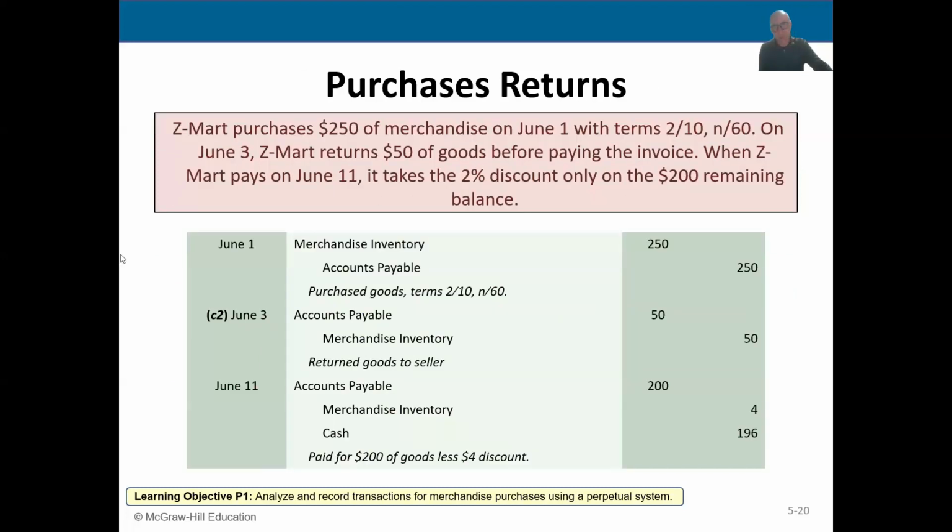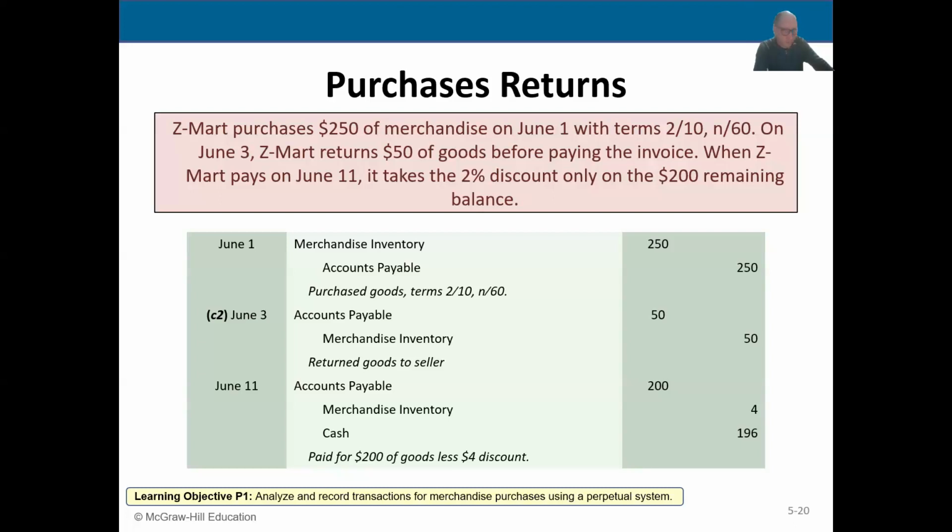Then, the next situation. I purchased some more inventory from our distributor, about $250 worth on credit terms 2/10 net 60. A few days later, we discovered that $50 of our goods are not good. We can't even sell them. It's that bad, right?